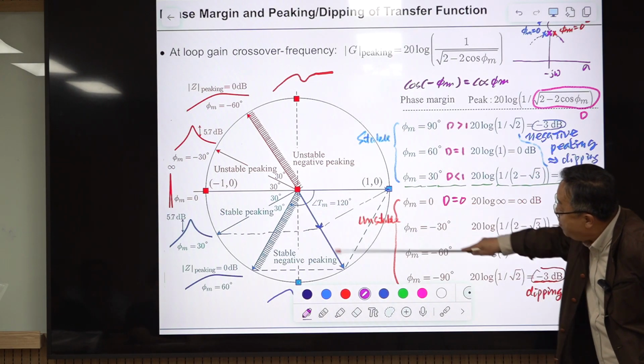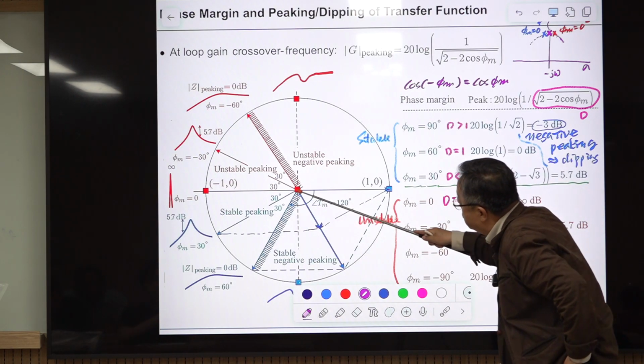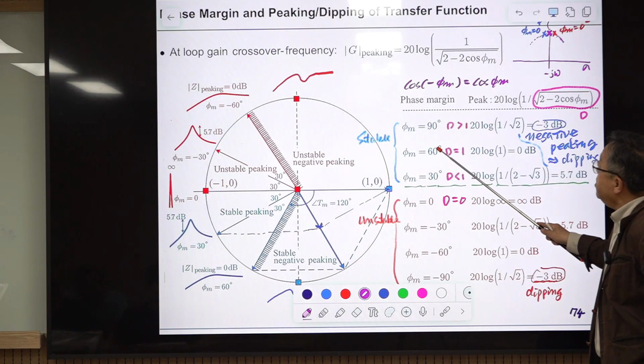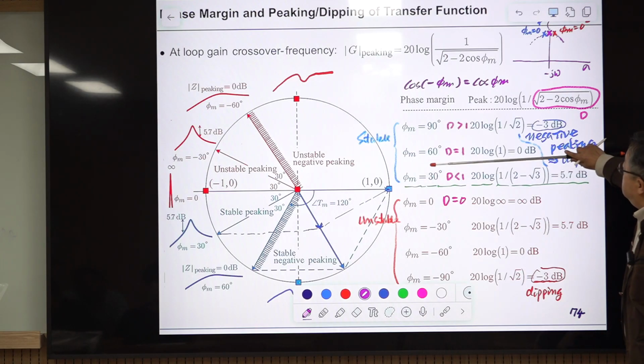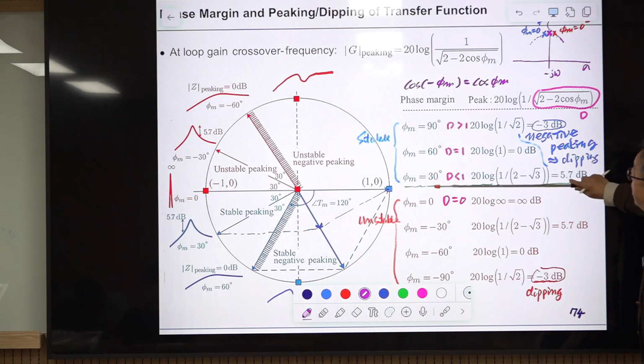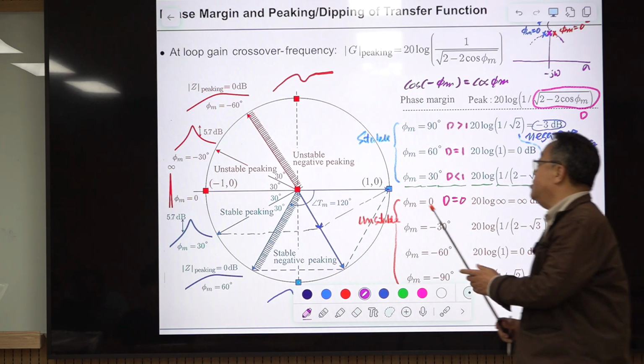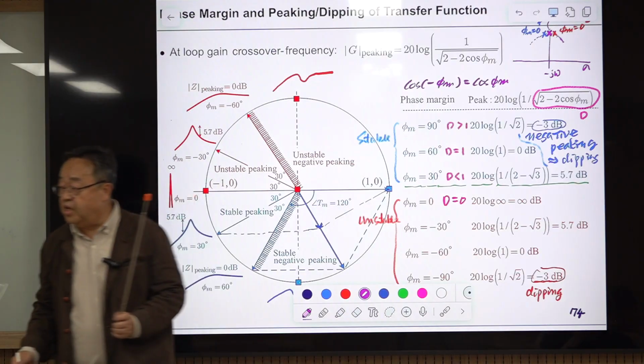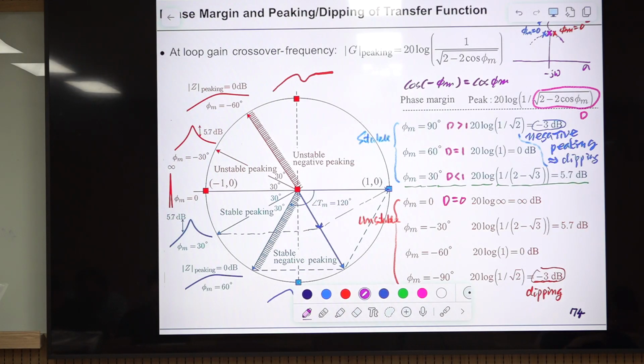Or you can evaluate this numerically. So this is 0 dB, and this is some positive dB. Let's consider this phase margin is 90 degrees. Then 90 degrees is something like this.